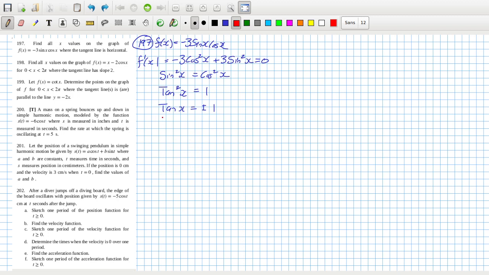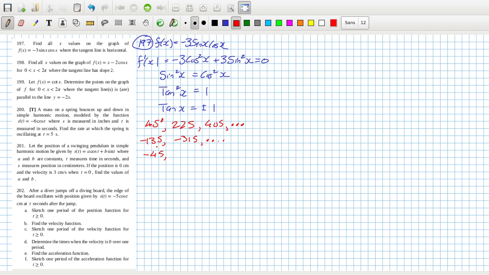So this means you could have, for example, with the plus 1, you could have 45 degrees, or 45 plus 180, which is 225, or plus 180 again, which is 405, etc. Or also you could go backwards. So you could have minus 135, minus 315, etc. And then you could also have minus 45 going forwards.